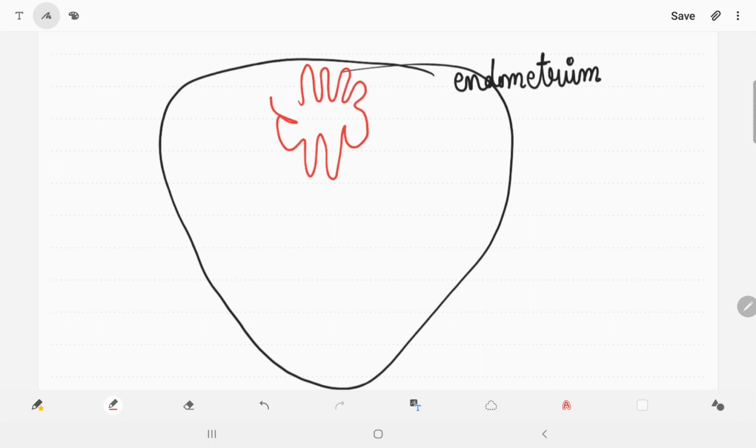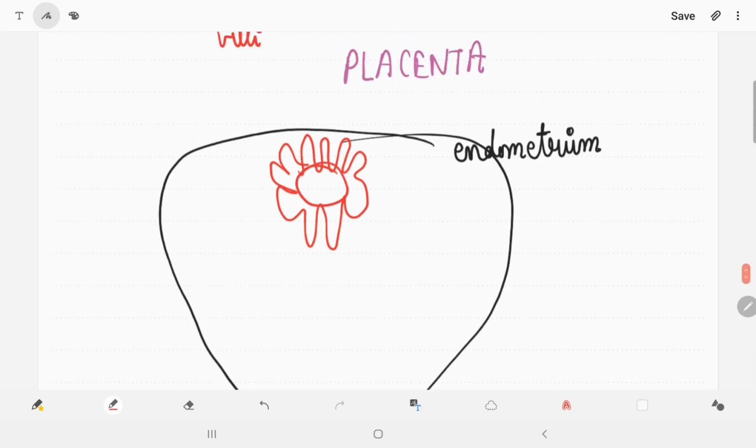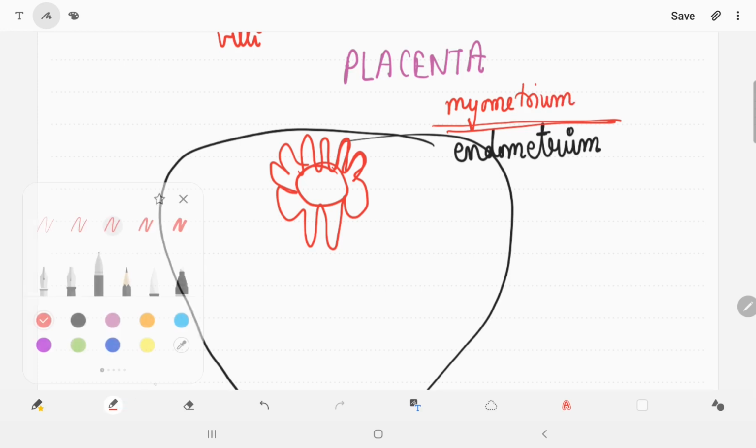This is the zygote with those villi. And let me tell you that when the zygote is trying to go beyond the endometrium into the myometrium, what happens is there are fibrinoid deposits.